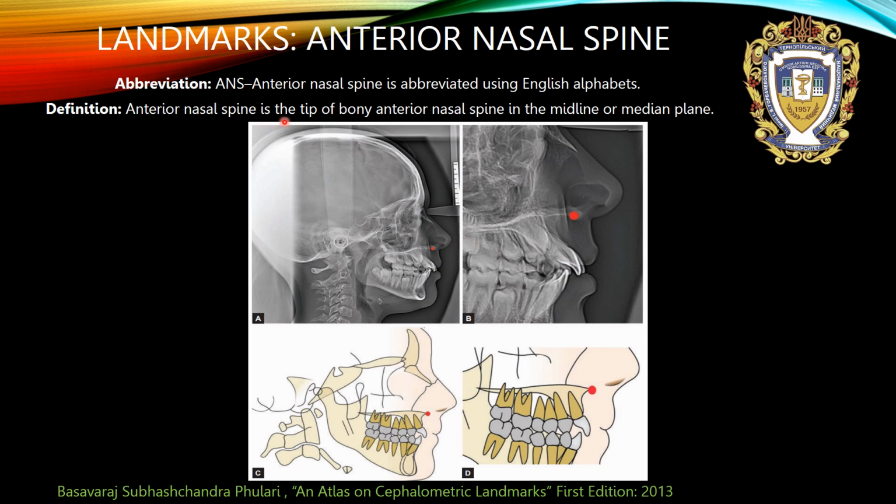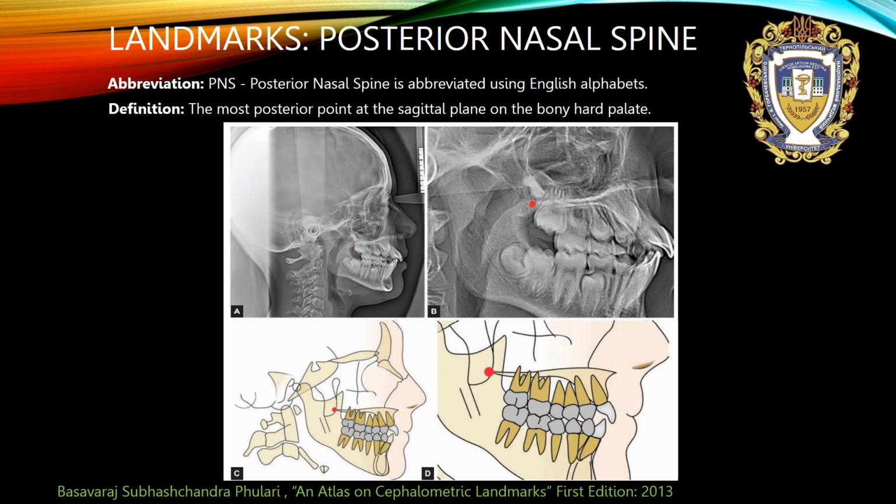It is the tip of the bony anterior nasal spine in the midline or median plane. And the opposite point, posterior nasal spine, abbreviation PNS. The most posterior point at the sagittal plane on the bony hard palate.